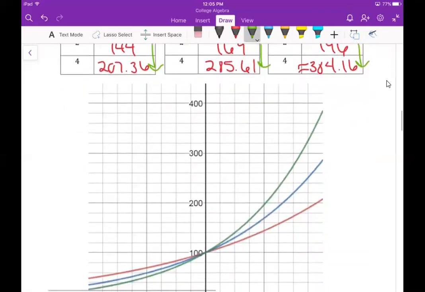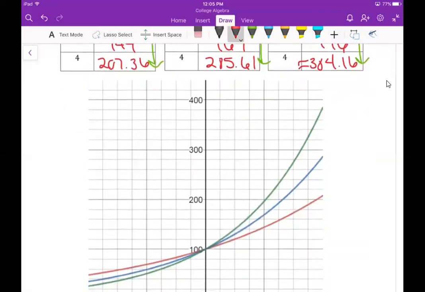So if we look at these graphs, what we'll see is that this first one that is growing faster and decaying faster to the left, it's both growing and decaying faster, has the highest A value. This one matches with 100 times 1.4 to the x. The one in the middle is the one with the A value in the middle.